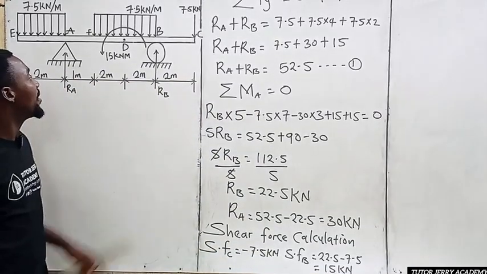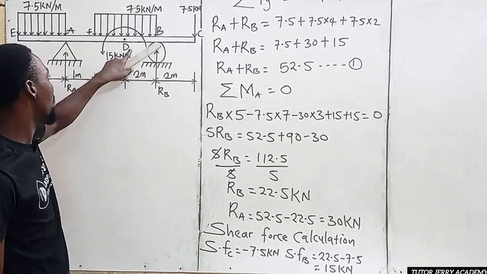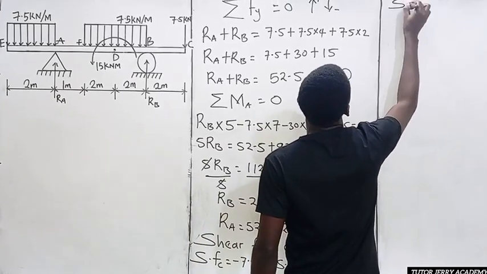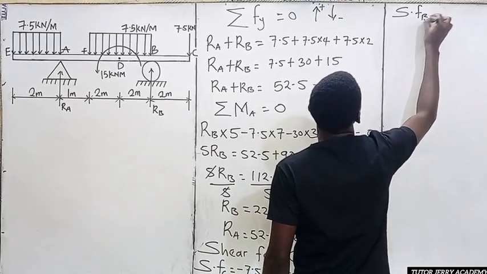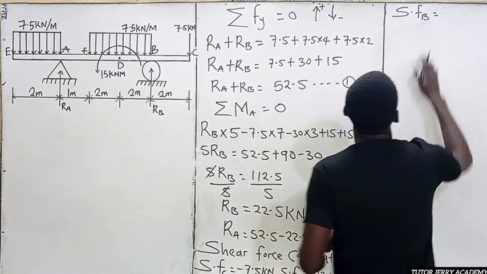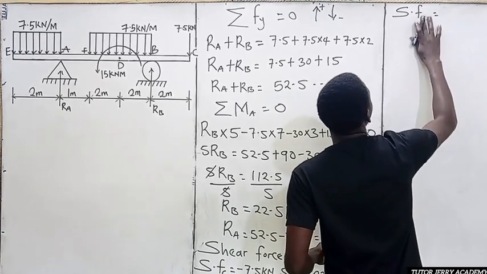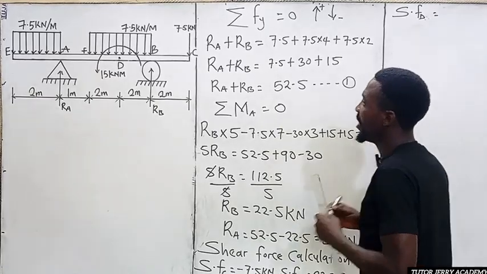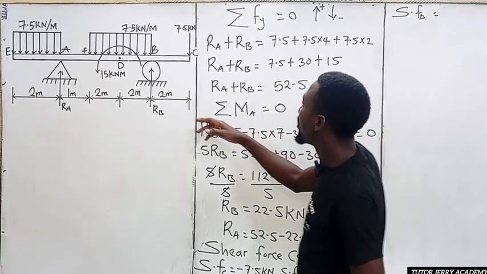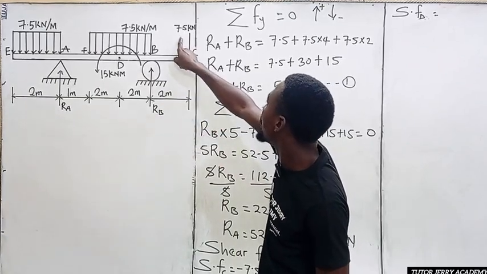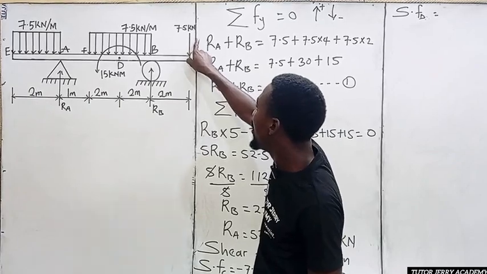All right. So now the next one is the shear force at point D rather. The shear force at point D is nothing but RB minus 7.5.